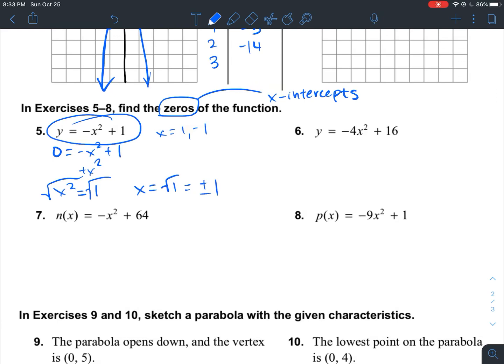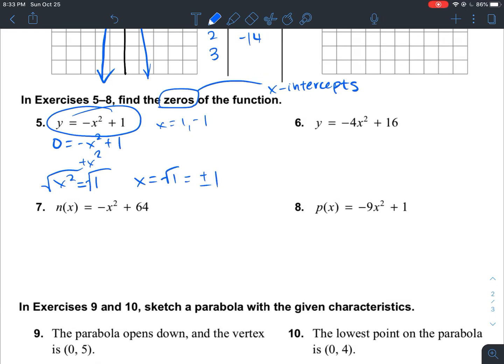Okay, let's go to number 6. So it says y is equal to negative 4x squared plus 16. Well, let's say that we put 0 into the function for y, because we want to find the x-intercept. So 0 is equal to -4x squared plus 16. I'm going to add the 4x squared, so I get 4x squared is equal to 16.